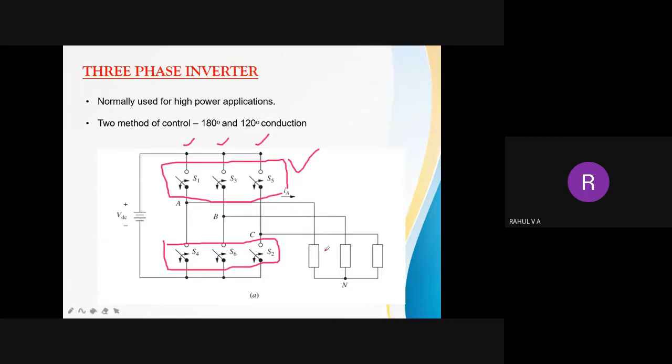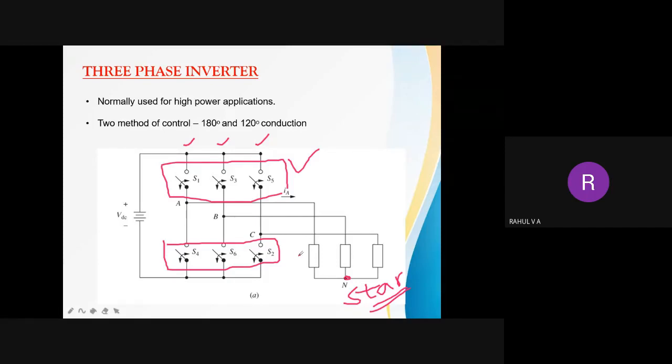Now there are two configurations for a three-phase system, that is star and delta. If these phases are connected to a common point, then it is a star connection. So we will be explaining the three-phase inverter based on this circuit or star connection.